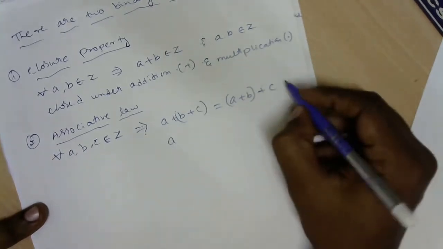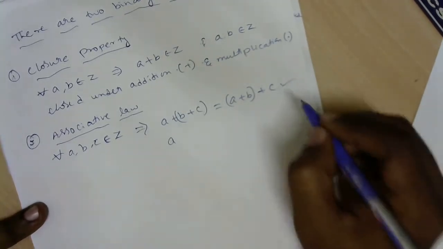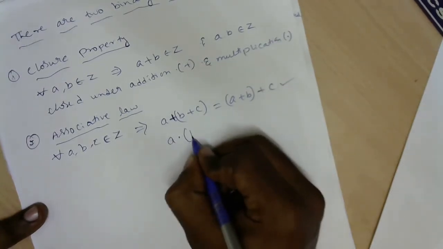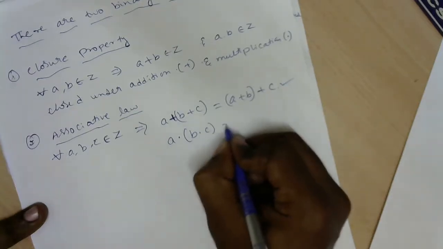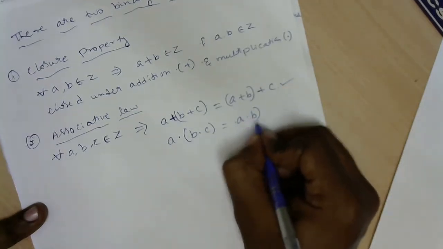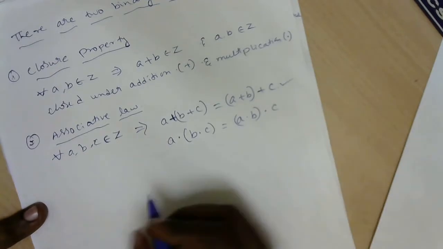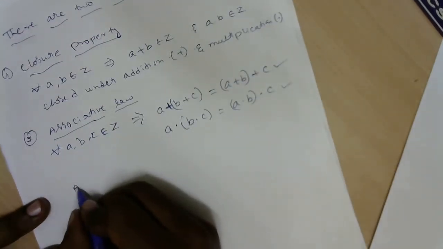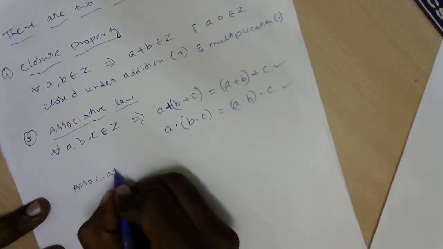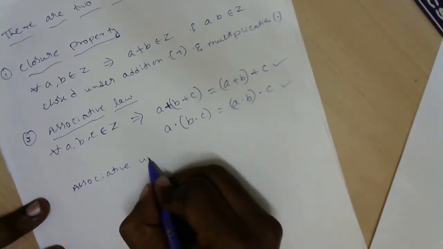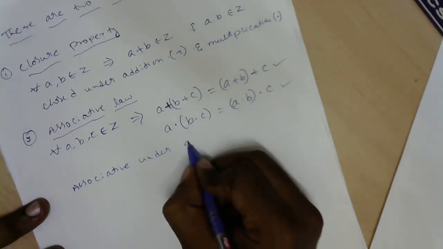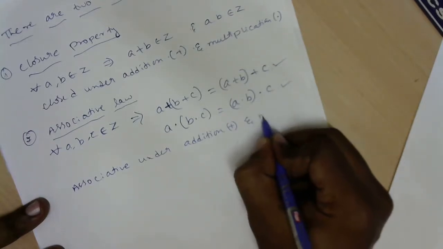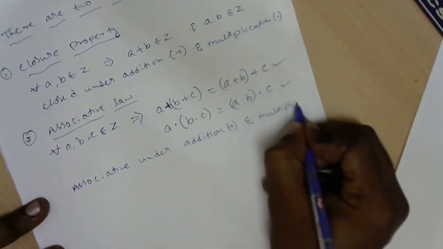So for addition, this condition should be satisfied, and for multiplication, (a dot b) dot c equals a dot (b dot c). If this condition is satisfied, then it is associative under addition and multiplication.